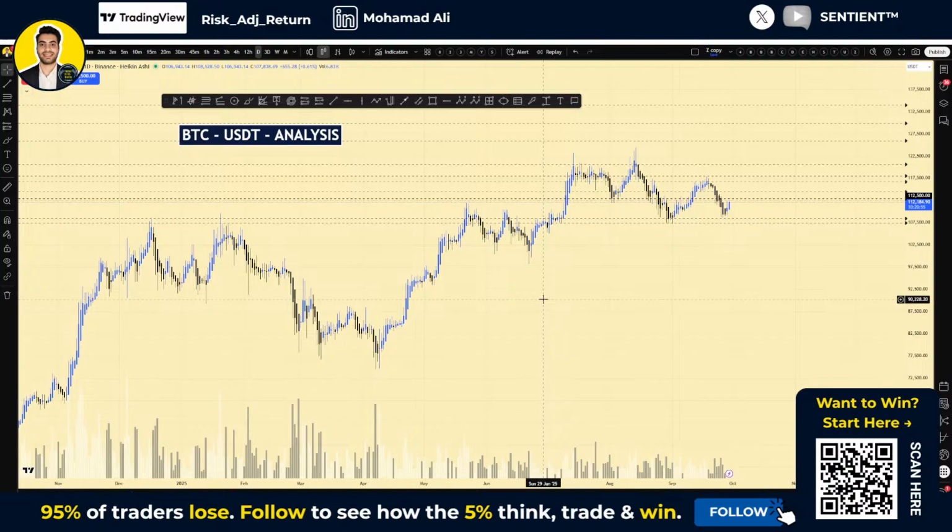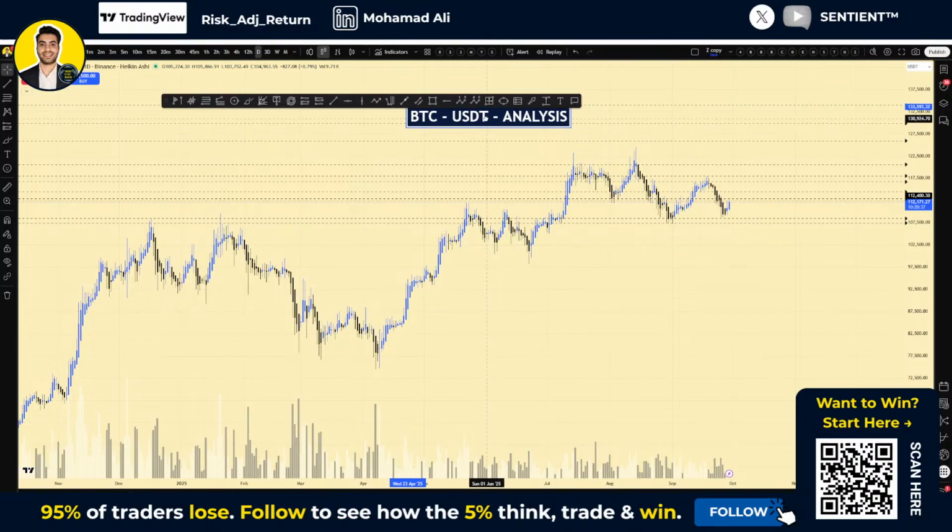Supply and demand is at work, and those volume candles and histograms down below tell us the story of what the market currently is doing. Upstairs we are on the daily chart, and there are different time frames, which tell us different stories.